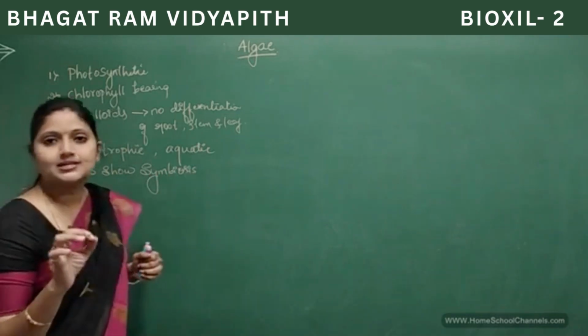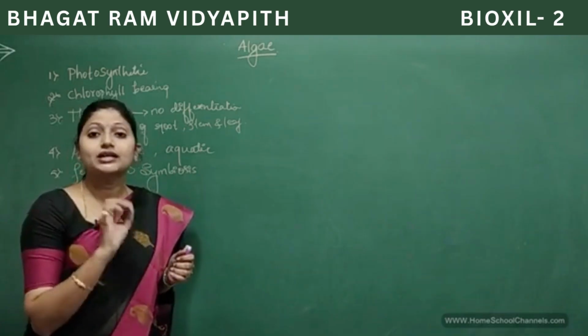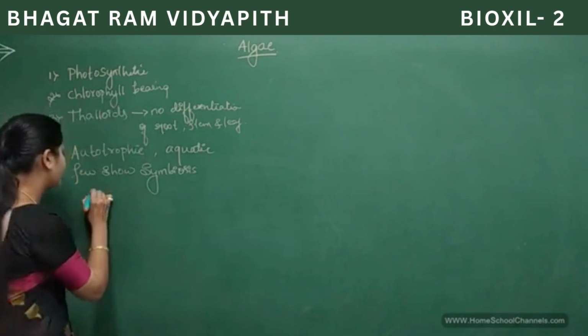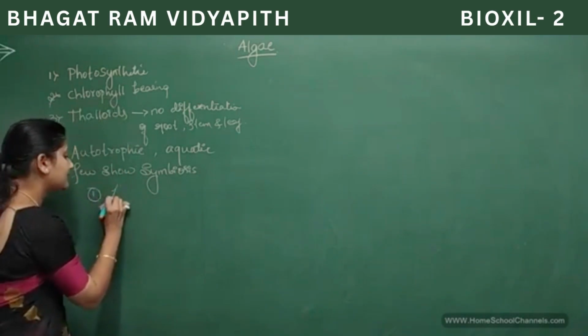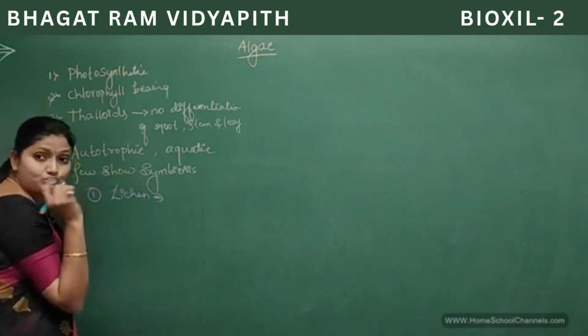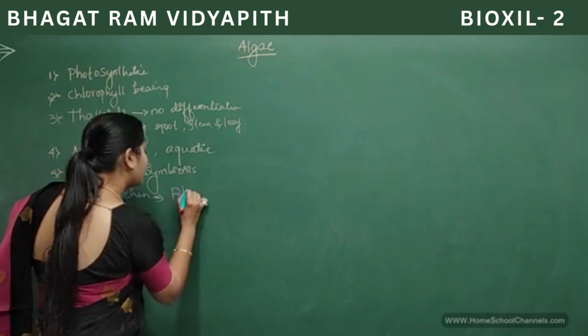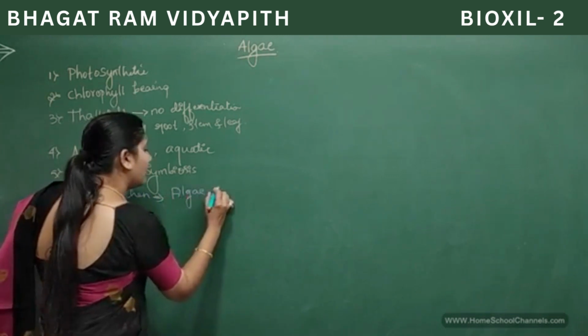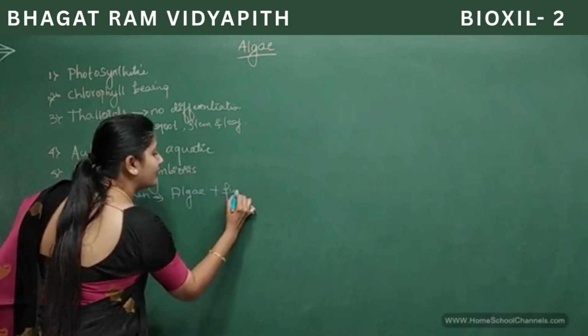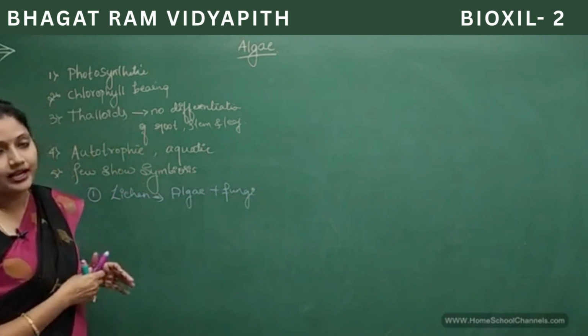So one best example we had seen in the previous chapter was the lichens. The first example is lichen, which is an association of the algae and fungi. Isn't it? It was an association of algae and fungi.